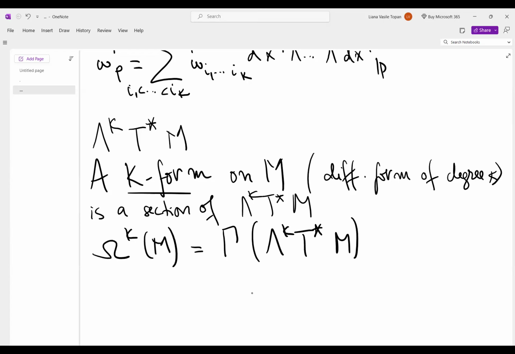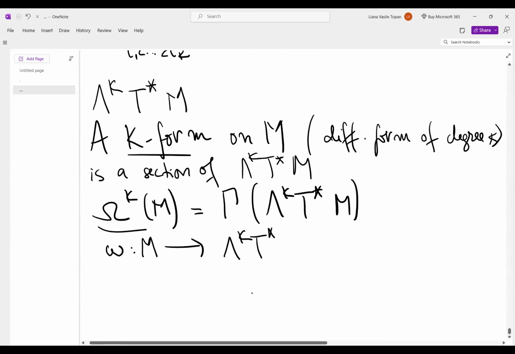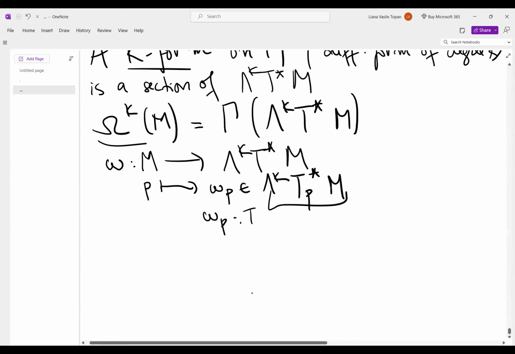And this simply means that an element here is a map from the manifold into the space, such that every point P on M is taken into omega P, which will be in this space here, associated to the cotangent space at P to the manifold M. So this means that it's simply a linear map, linear and alternating map, right?